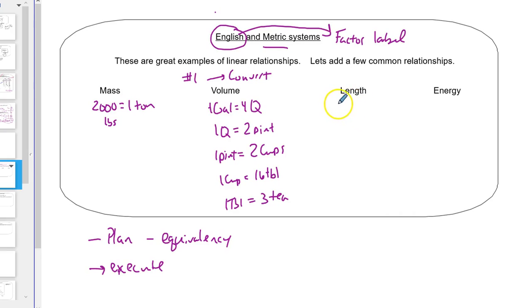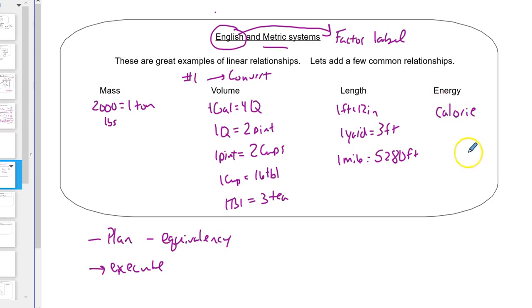A couple of you probably know 1 foot equals 12 inches. 1 yard is 3 feet. And 1 mile is 5,280 feet. Energy. I'm not going to do a conversion here, but our main unit of energy here is the calorie, just so you know.